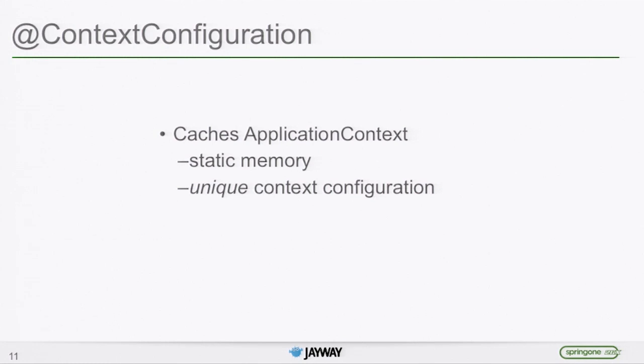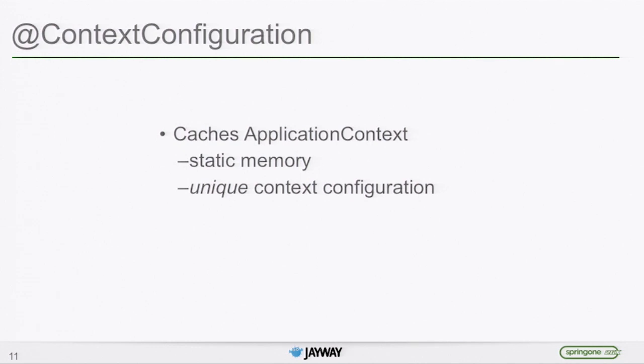So what is unique then? Well, it turns out the attributes that you use with that context configuration: you have the locations, you have the classes, you have the context loader. Those three attributes, together with the @ActiveProfiles annotation that they will present later on, Spring will, under the hood, create a key for that, and that key will be placed in the static memory.